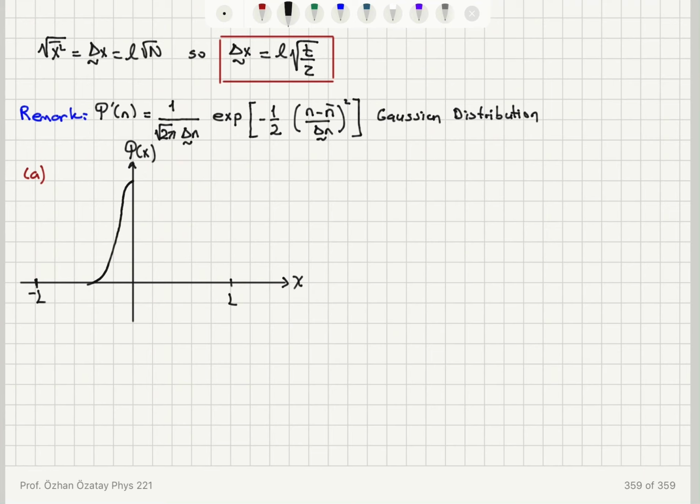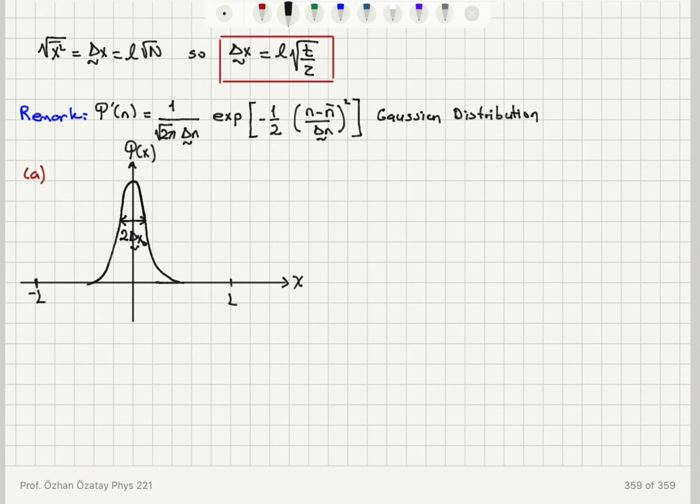So let's see if I can do a better job here. Okay, so this is going to be a rather sharp Gaussian function, and it's going to have a distribution of 2 times the standard deviation here, 2 times delta x 0 tilde, so that's in the first case.